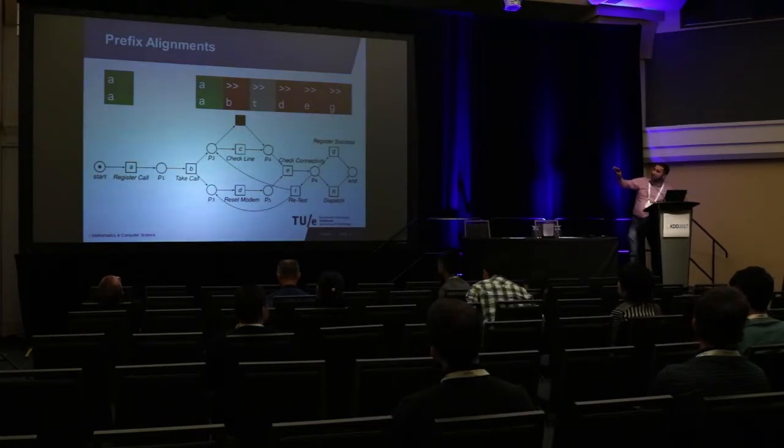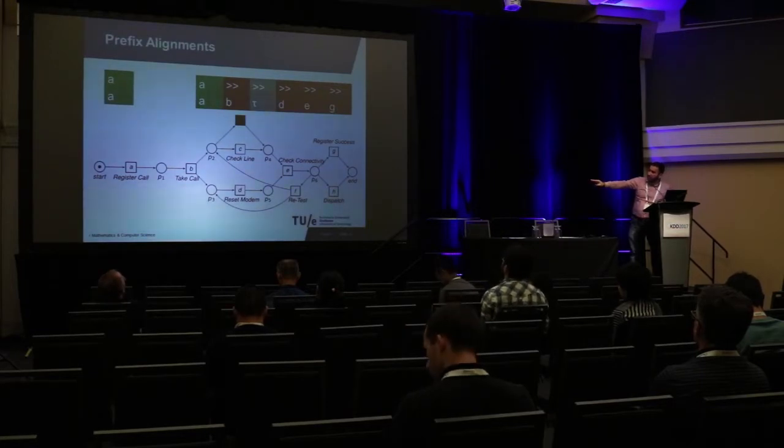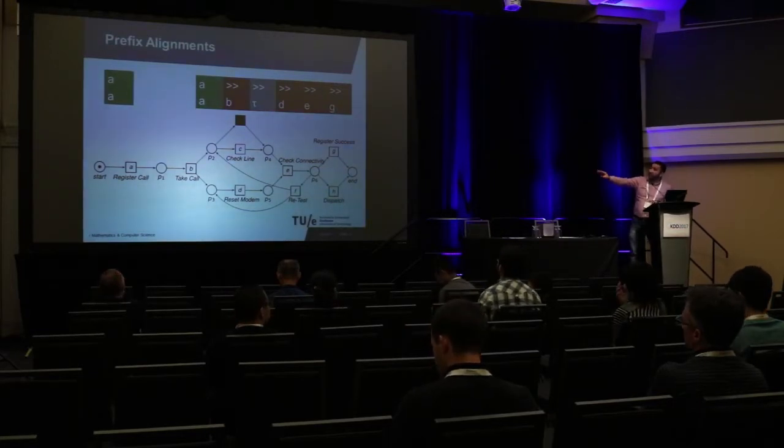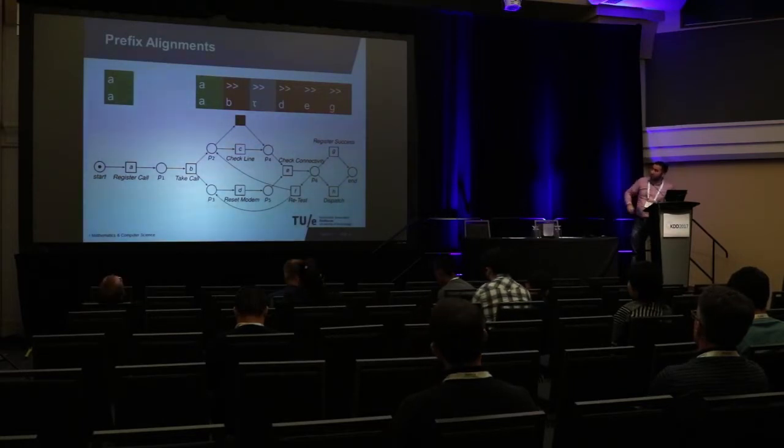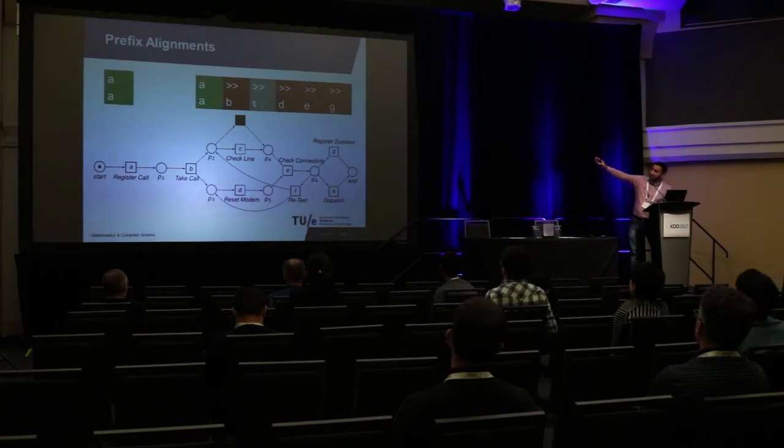Here we say that we were able to find A in the process model, and fortunately it's exactly the first activity after the start. Then we have this synchronous move, and we have a green column there representing A. The assumption is that the rest of the alignment looks like that. So this is the worst case of the rest of the alignment here on the right-hand side.